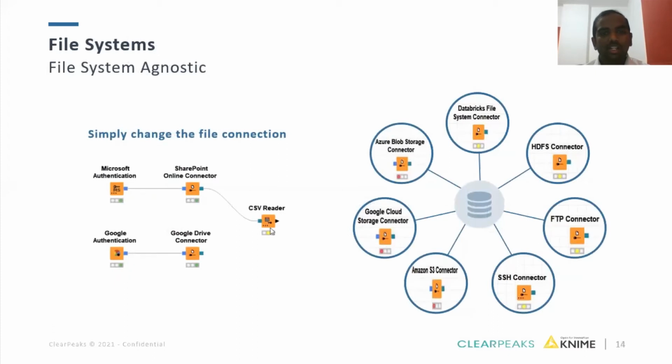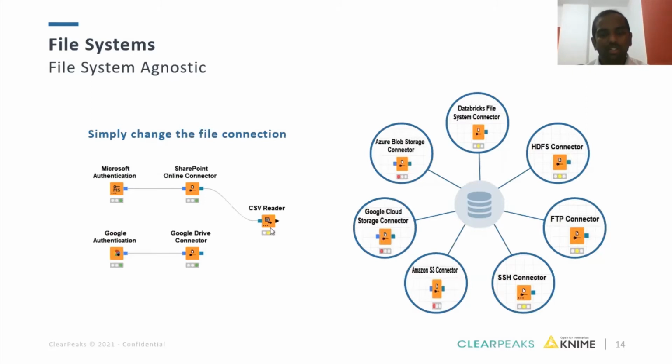The next feature in the file handling framework is that all the nodes are now file system agnostic. So you can entirely build a workflow using one specific file system, and later, if you want to migrate it to your production, which is based on a different cloud system, it is seamlessly easy now. Let's say in a practical example, a data scientist would be creating a workflow by reading his or her local machine's file using a CSV reader, which is hosted completely locally.